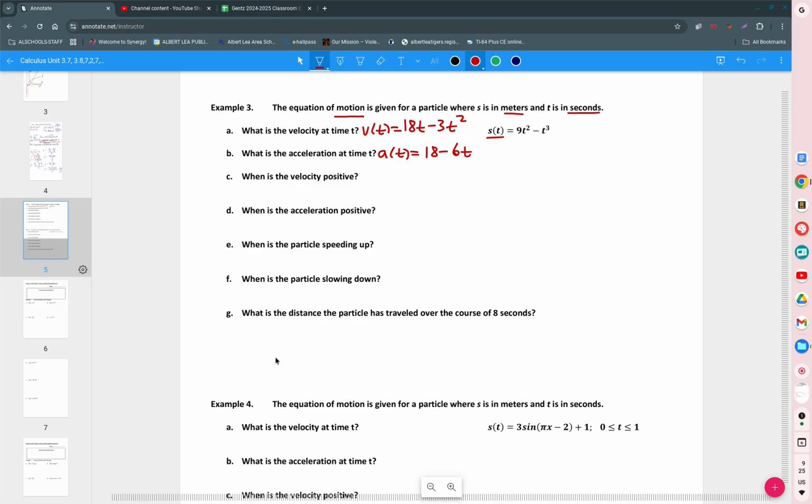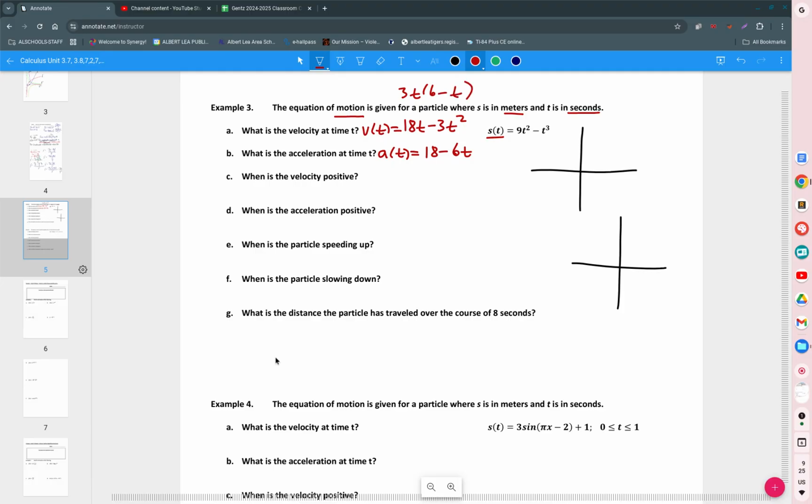I'm going to look at the velocity function, and I'm going to look at the acceleration function. What shape does the velocity function make? Right side up or upside down? Upside down. If I factor out a 3t, I get 6 minus t.